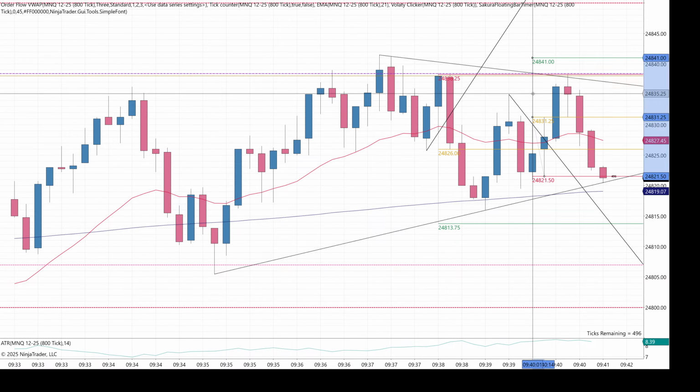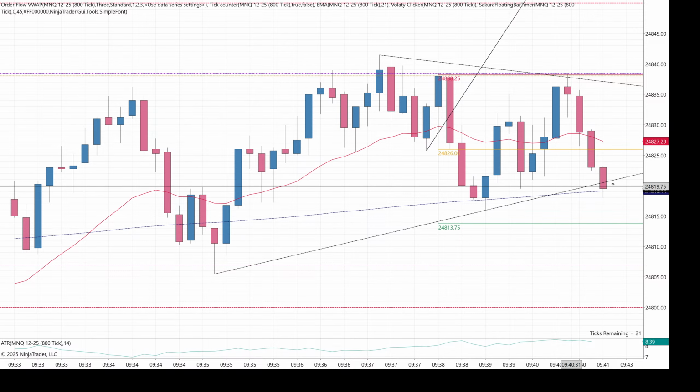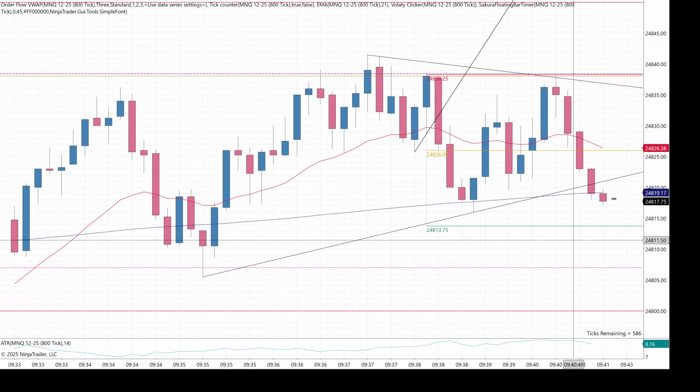Okay, so the bullish trade didn't work as we predicted. We're still in this bearish trade.